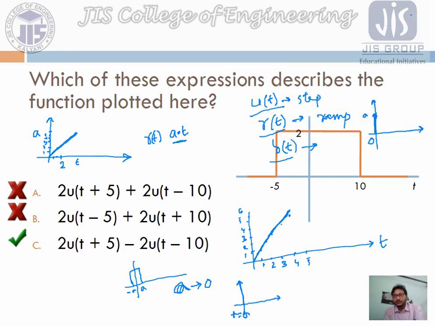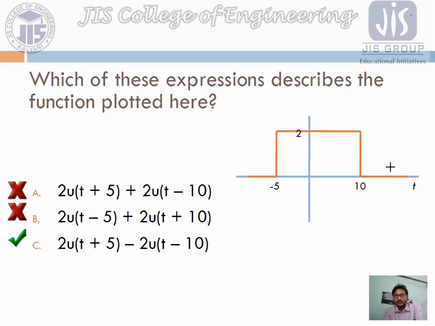Now we'll try to solve one problem. Suppose one equation or one signal is given of this type: a step signal at t equals 0 where the value is, let's say, 5, then it goes to 0, then again goes high, and again comes down, like this.